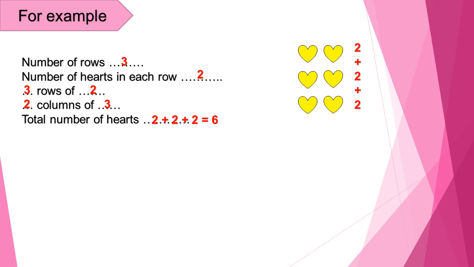The second way we can find the total. We have here 2 columns and each column has 3. Then we have 3 repeated 2 times. So we add 3 plus 3. We add 3 2 times. And 3 plus 3 equals 6.